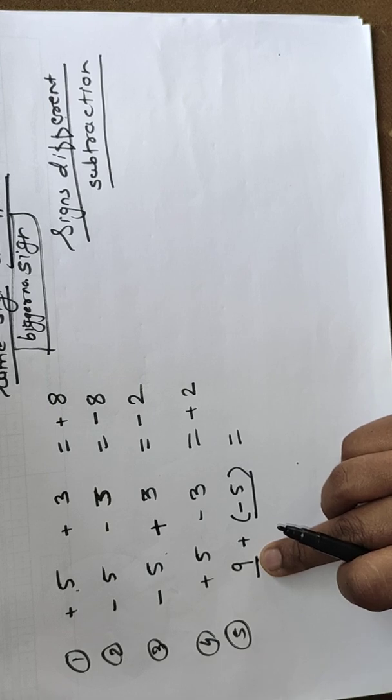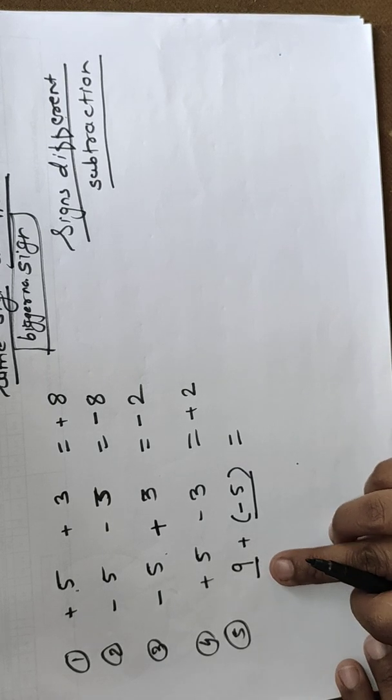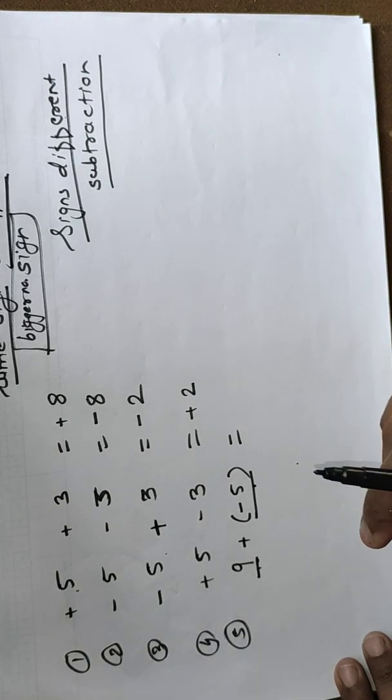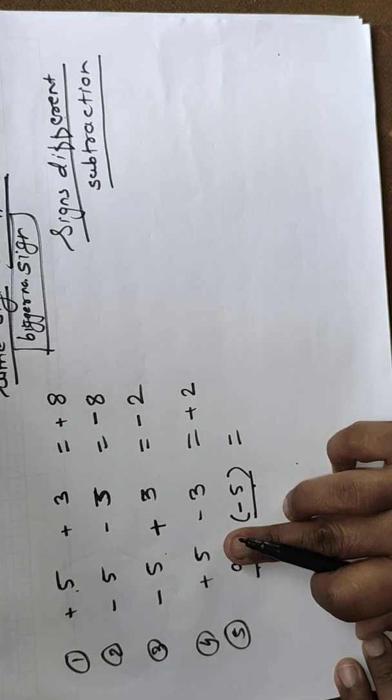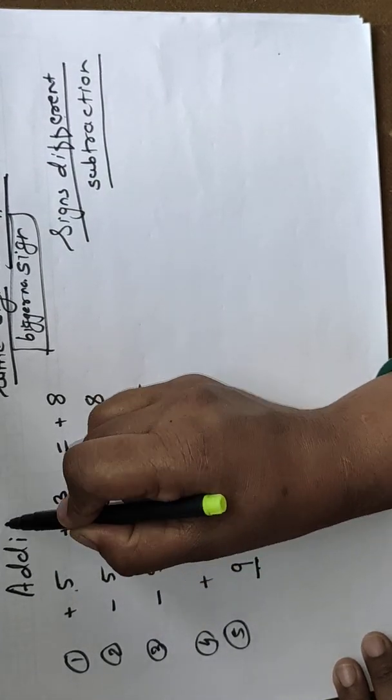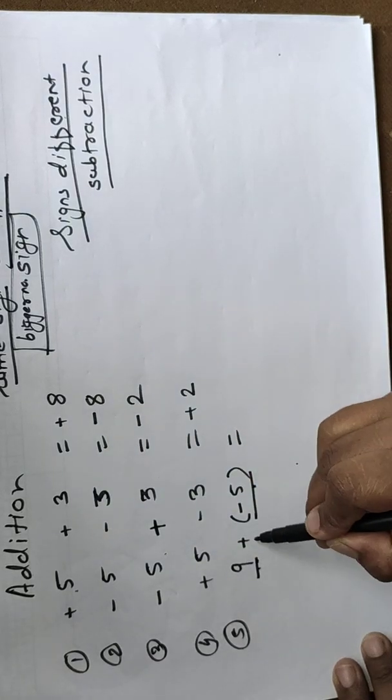This is 9 and minus 5. So here is a positive number and a bigger negative number, so signs are different. Don't take this sign into account, because it is the sign of addition, and that is the operation.